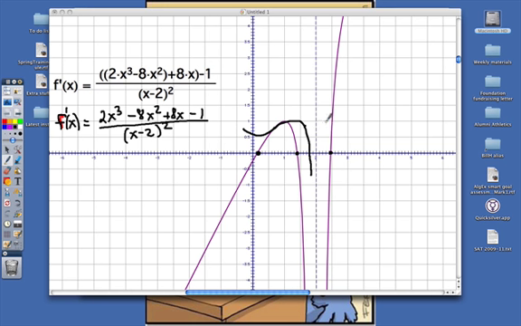So what we have here is a function that really is quite steep, like this. And then it goes up. Something like that. So, min, max, and a min. Cool, huh? The asymptote.